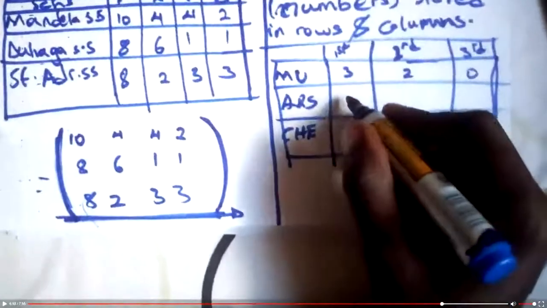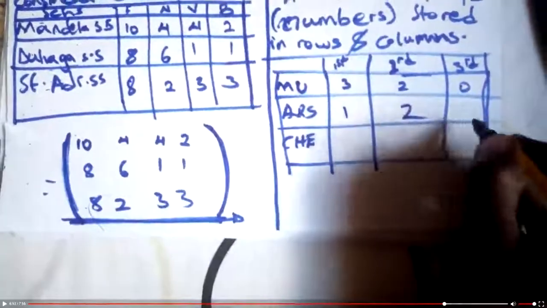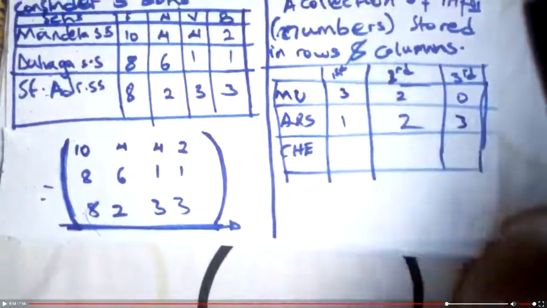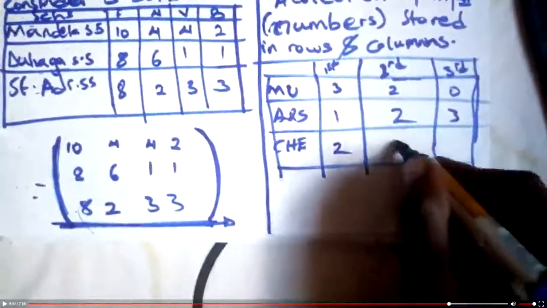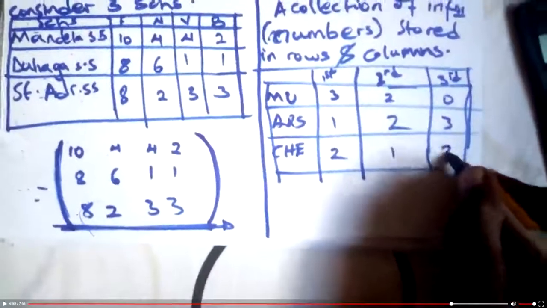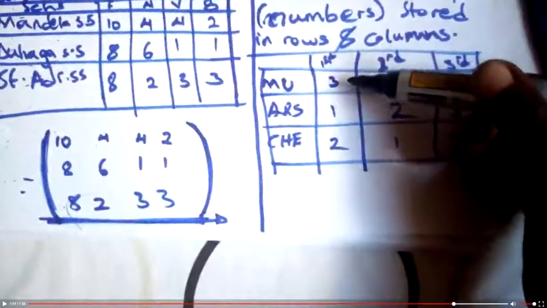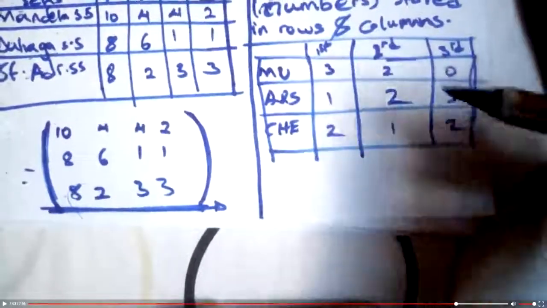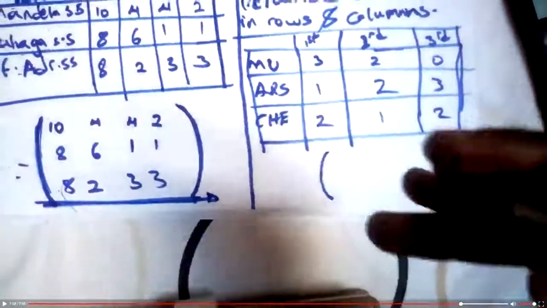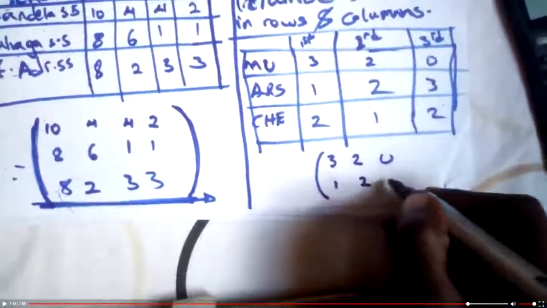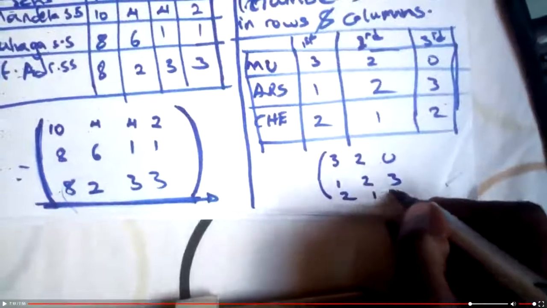Then Arsenal, it got 1, it got 2. Maybe the second one, it got 3, okay? Here it got 2, it got 1. Maybe it also got 2 here, okay? Now, if I remove this information here and I represent it in a rectangular form with large brackets before and after, what I have here is going to become a matrix with an opening bracket and a closing bracket.